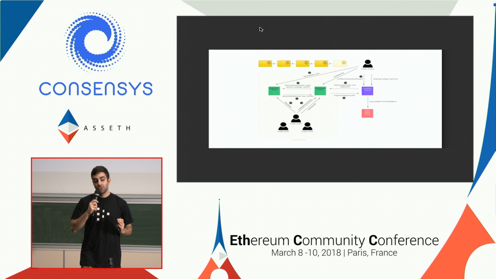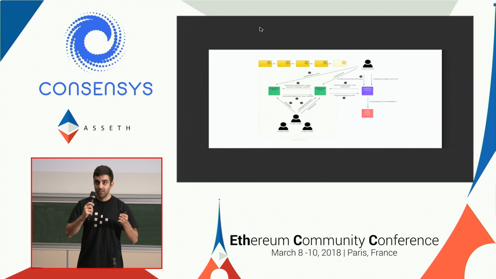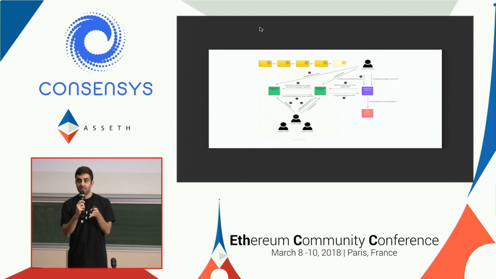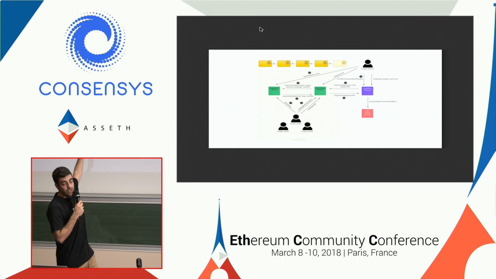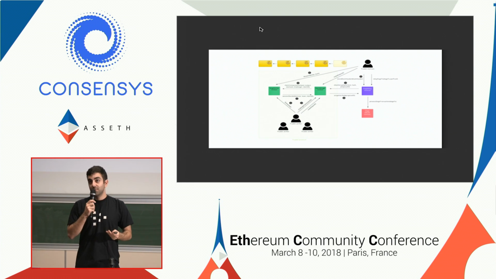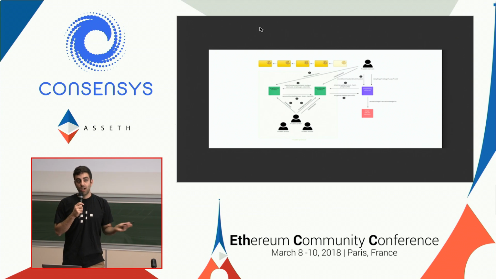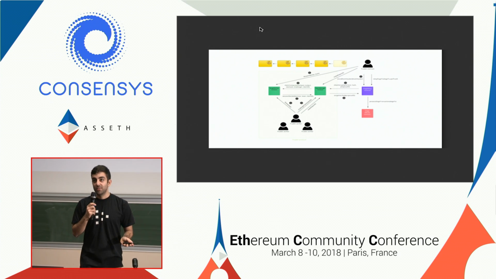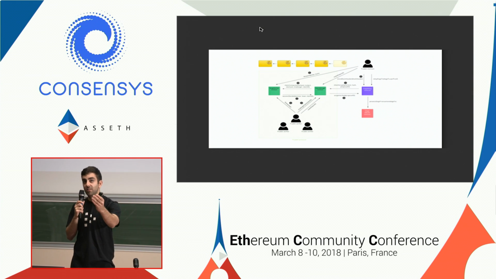So the challenger plays this interactive challenge-response protocol with the solver until they resolve on one final step, the first step of dispute, which then runs on-chain inside of the smart contract on the left here, the green one. And so this was a specific implementation of the TrueBit protocol, which allows us, 99.9% of the time, to run the scrypt hash fully off-chain and get the result back on-chain.